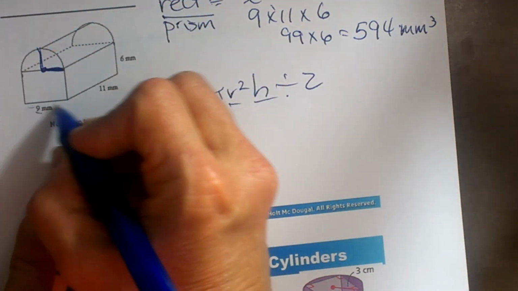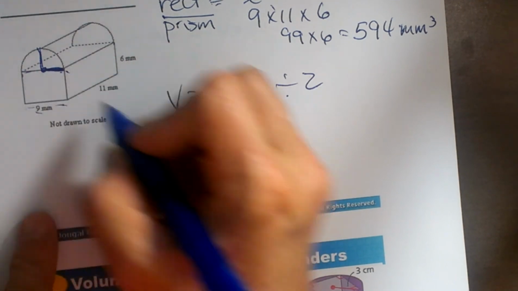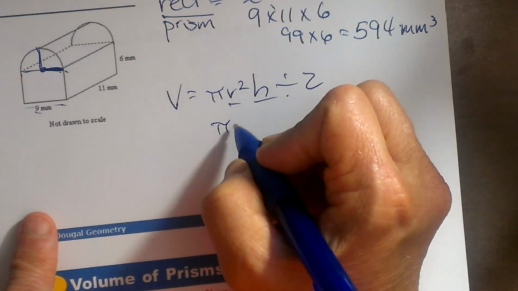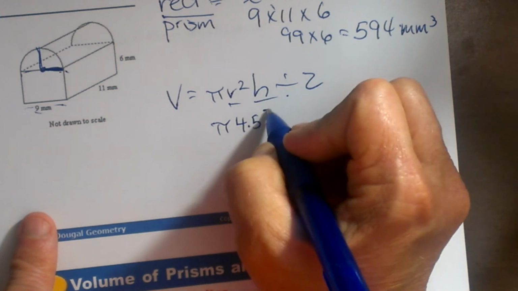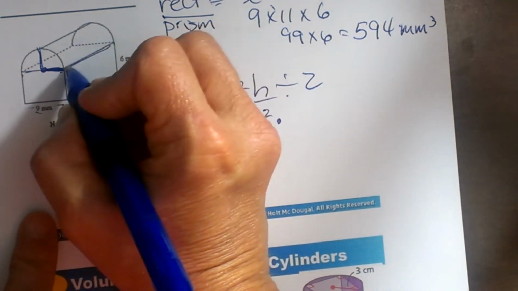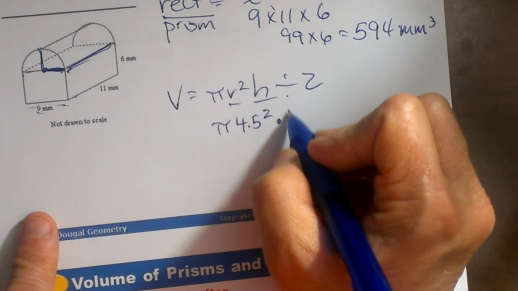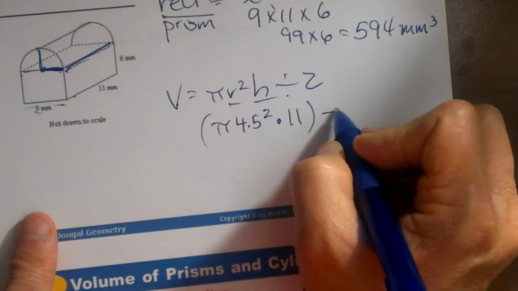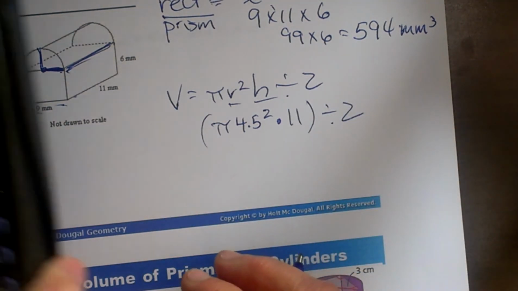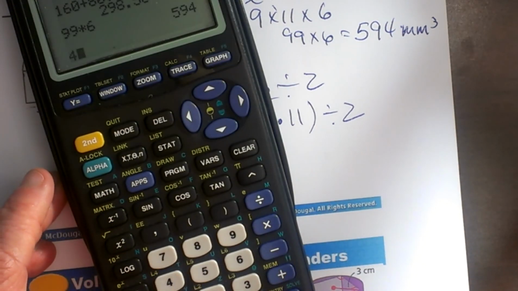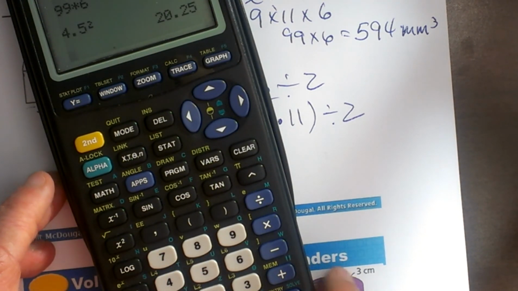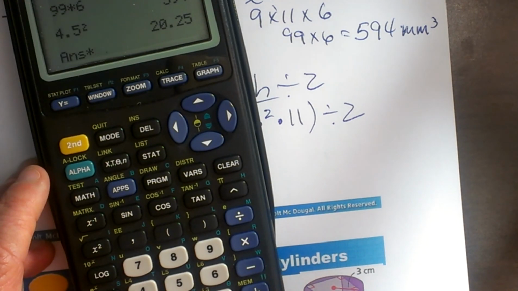Okay, so this is 9, and this is 9, so it's going to be 4.5. So it's going to be 4.5 squared. And now the height is this height, which is 11. Then we're going to take all that divided by 2. So let's crank this out. Let's see, 4.5 squared. That's going to give me 20.25 times 11.